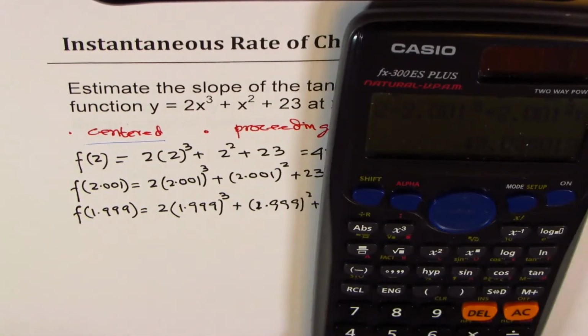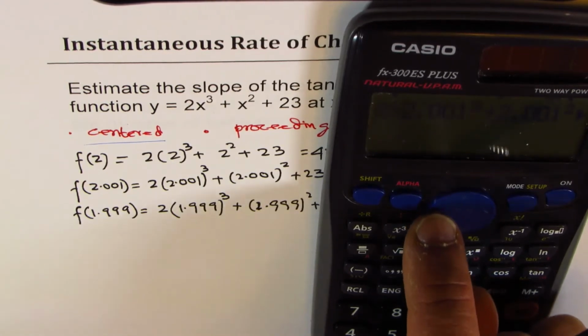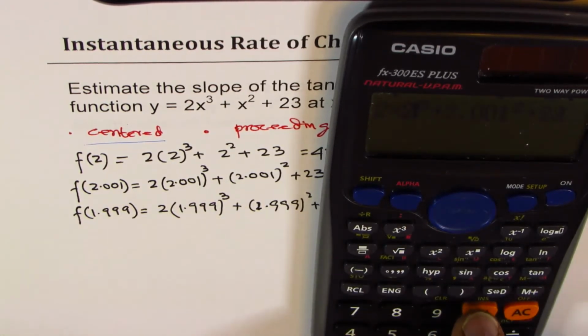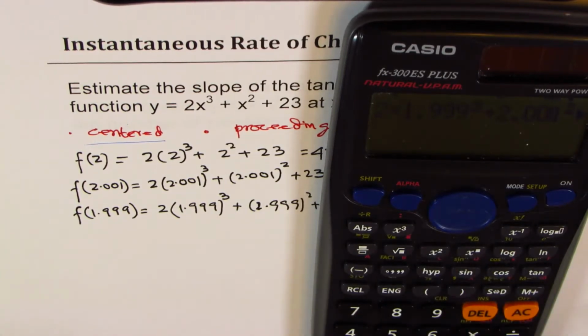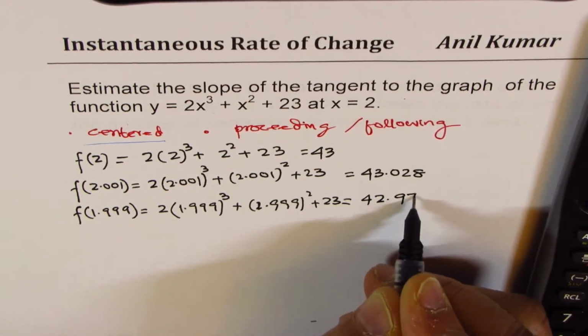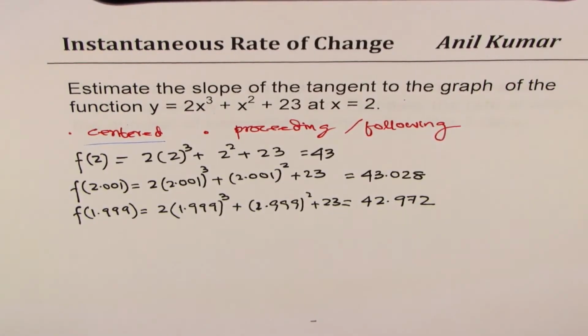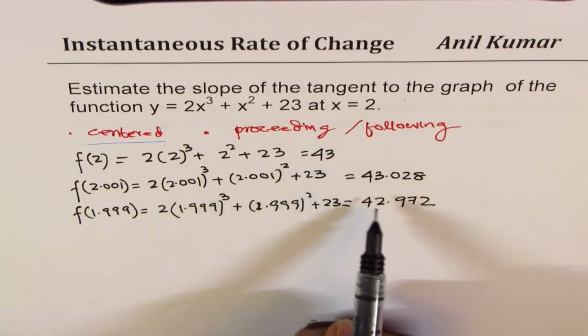Let's calculate this value also. And let's see what is the answer. It gives us 42.972. Now these values can help us to find the slope of a tangent, as these are points very close to 2.